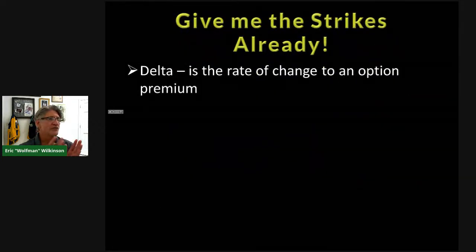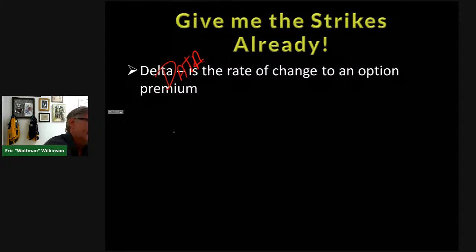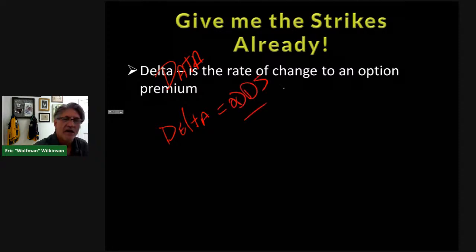All right. So delta is the rate of change in that option's premium. I'm actually going to talk about this a little bit today, but mostly what we talk about is delta, because this basically gives us our odds of success. All right.